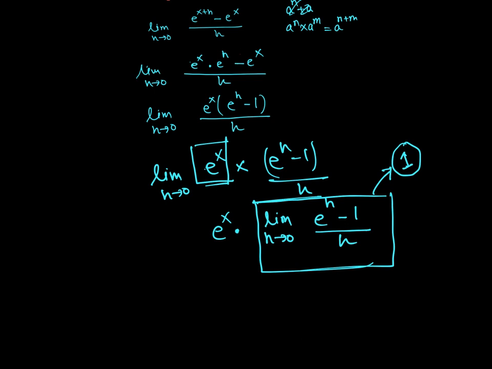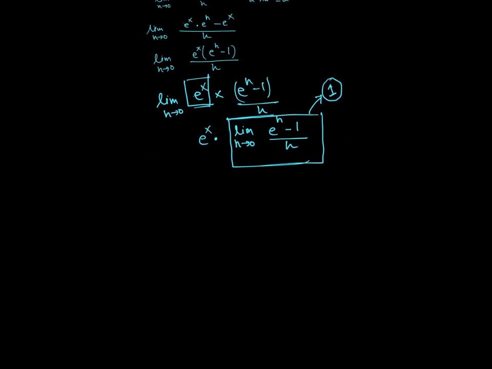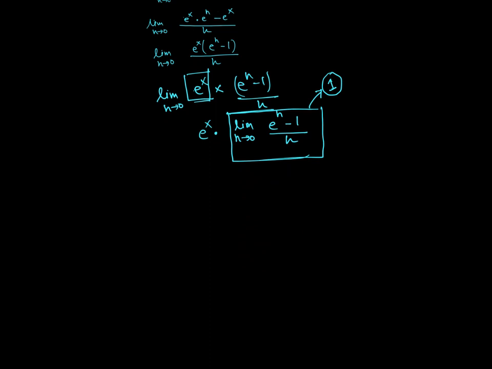And I would say you don't need to find this limit, but you can. It's obviously up to you, but there's an easy way to understand what the value of this expression is going to be. So what you can do is take h equals to 0.00001, and this is approximately equal to 0.